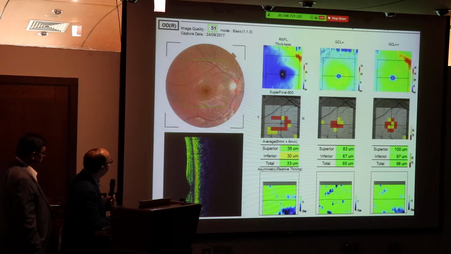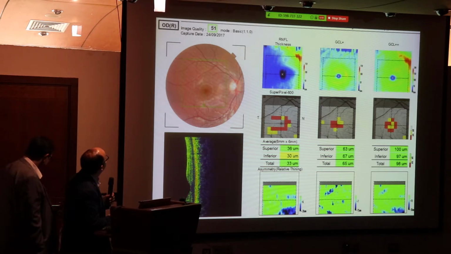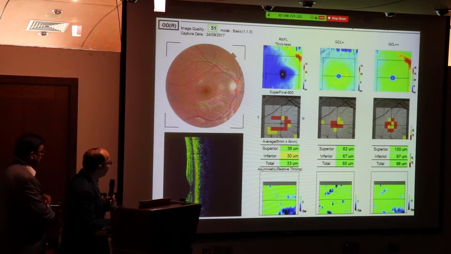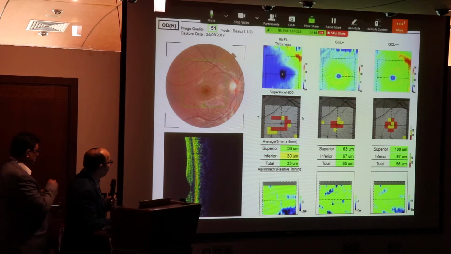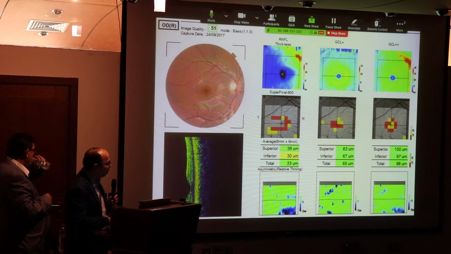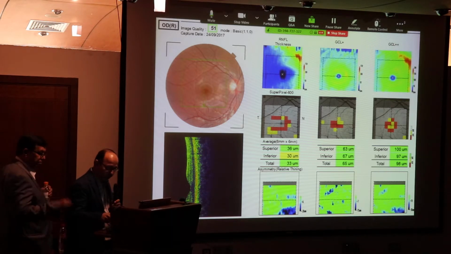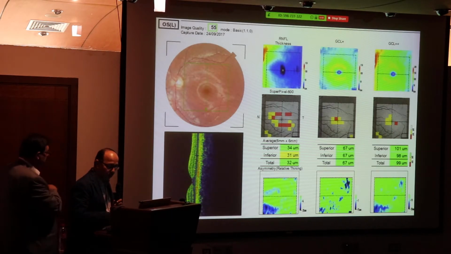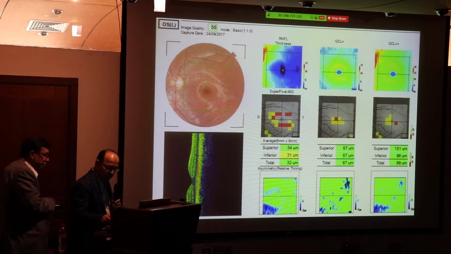This is the macula, the ganglion cell complex, and there is an automatic software that will tell us whether there are significant changes or not. So this is the right eye. There is no significant change compared to the change in the color vision and visual acuity. This is the left eye. Yes. Minimal changes as well.